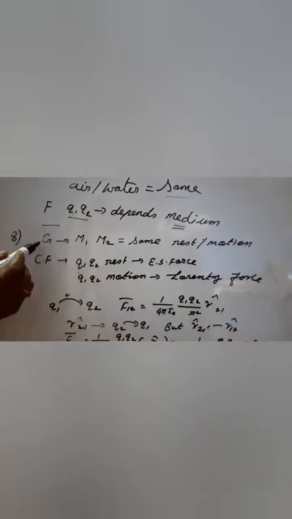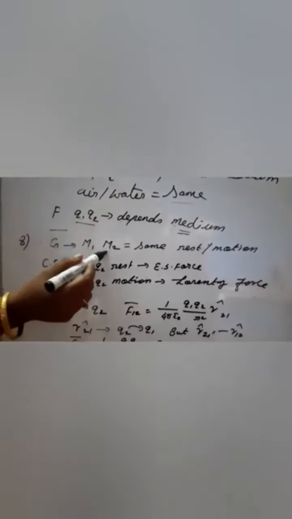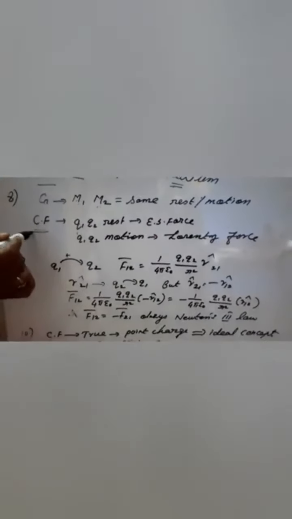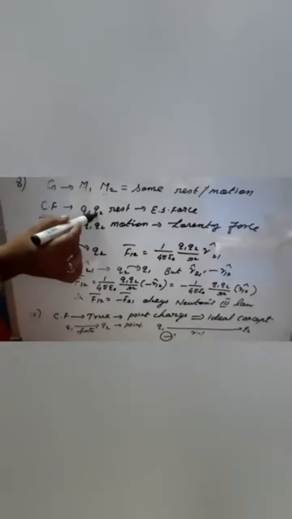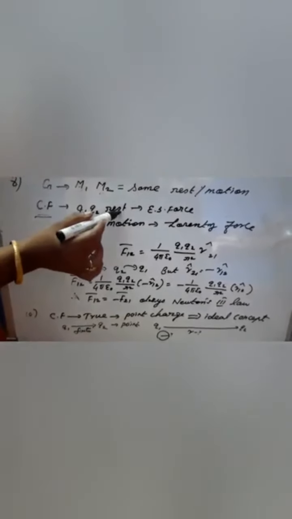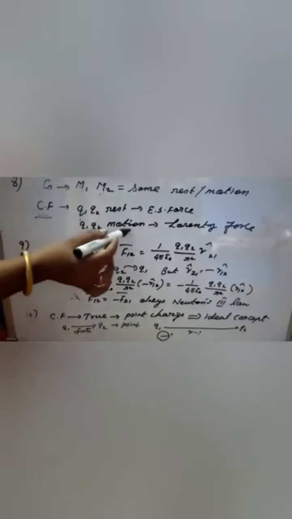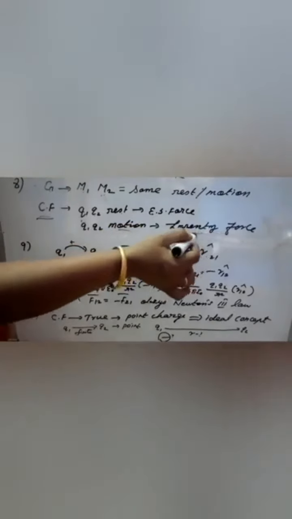The next point is that the gravitational force between two masses is the same whether the masses are at rest or in motion. But in Coulomb's law, whether the charges are at rest or not, there is the usual force, but if they are in motion, an additional Lorentz force is created.